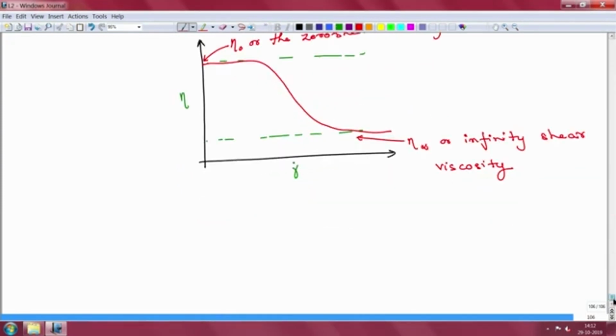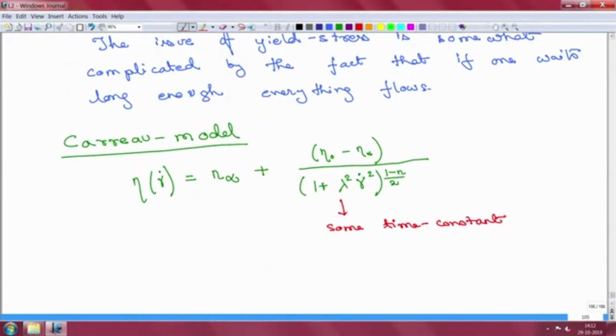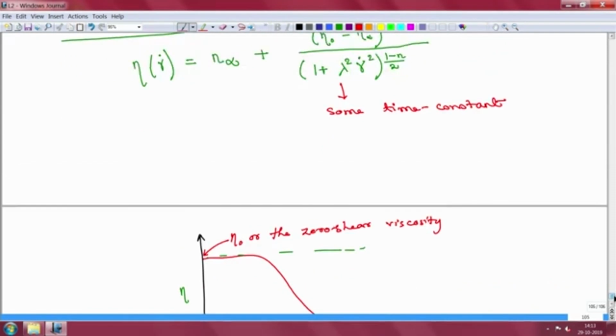So, this explains the few terms here. We have eta infinity, the infinity shear viscosity, and eta naught, the zero shear viscosity. You have eta naught minus eta infinity in the numerator, and then in the denominator you have lambda squared, lambda being some time constant associated with this phenomenon.